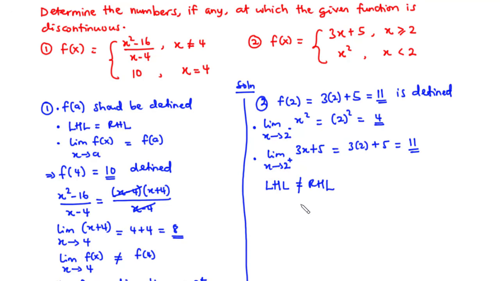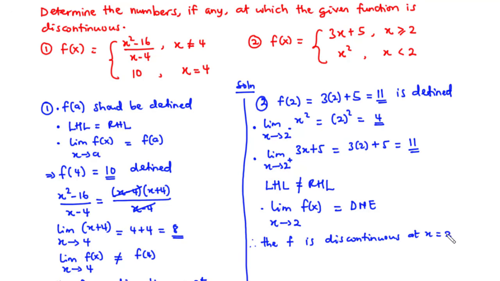Now, since they are not equal, it means that the general limit of this function as x approaches 2 does not exist, and hence the function is discontinuous at x equals 2.